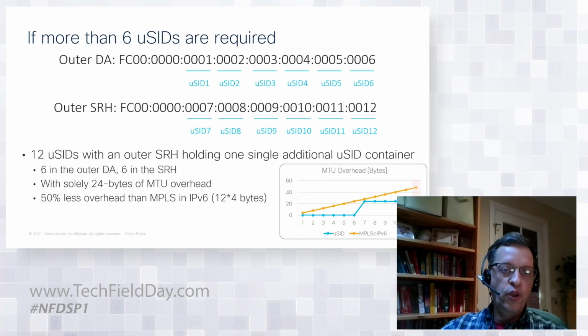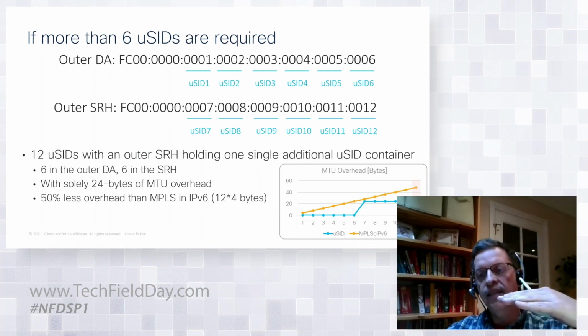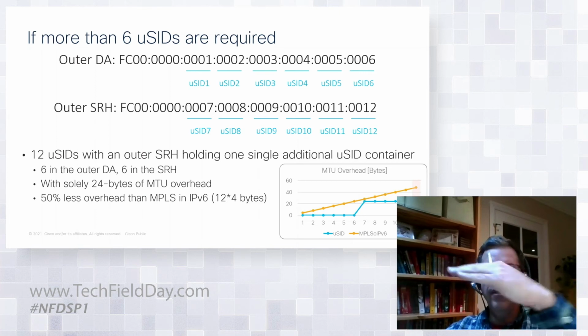What that is going to produce is going to give you the ability to express 12 micro-SIDs with very minimal overhead: one outer destination address, and one SRH with only one IPv6 prefix, for only 24 bytes of MTU overhead. And if you look at the curve, the blue line that represents the overhead of micro-SID remains pretty constant when I'm moving from 6 to 7 to 12.